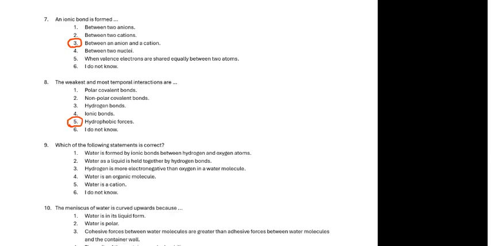So 9. Which of the following statements is correct? Water is formed by ionic bonds between hydrogen and oxygen atoms. So this is not true. Water as a liquid is held together by hydrogen bonds. So this is true here. Hydrogen is more electronegative than oxygen. This is false. Water is an organic molecule.